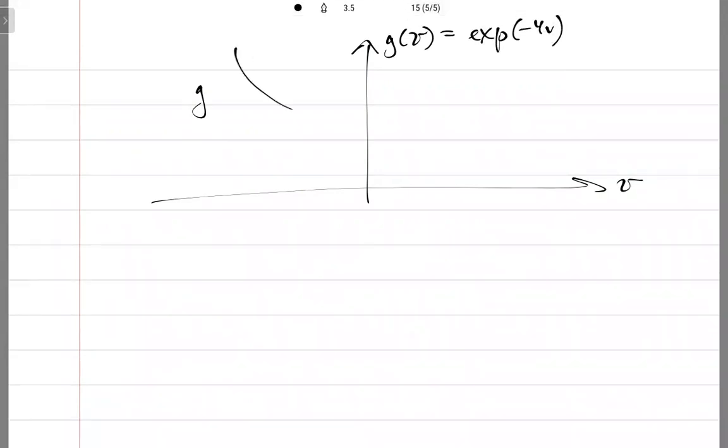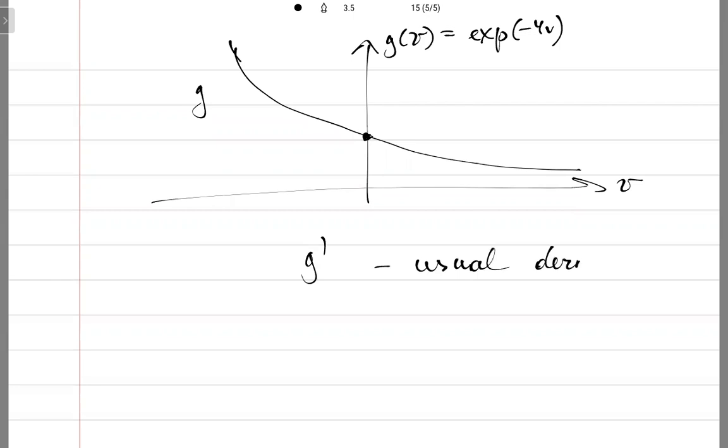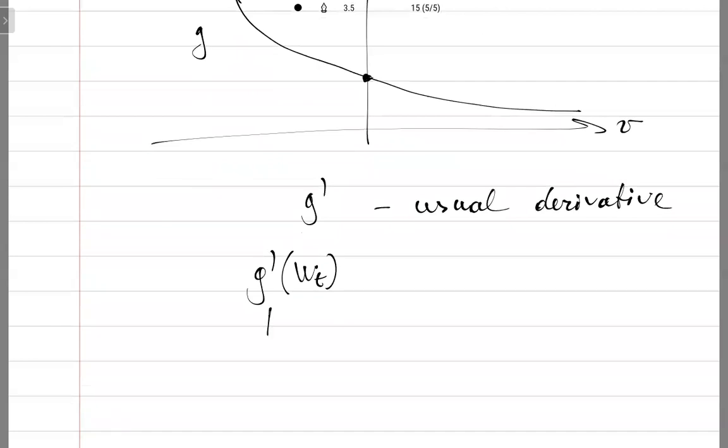And it goes like this. G prime is a usual derivative. No miracles, just the point is random. When I say G prime of Wt, then this is the usual derivative, and this is a random point.